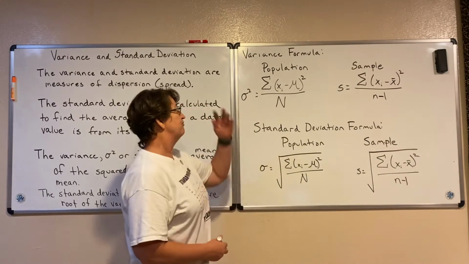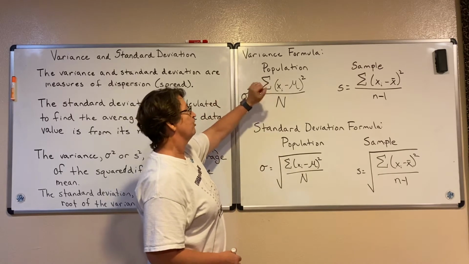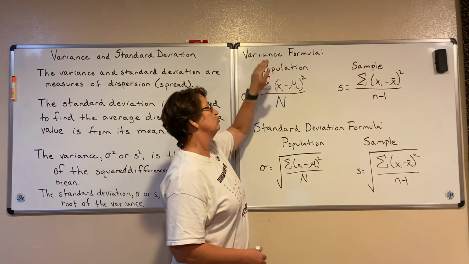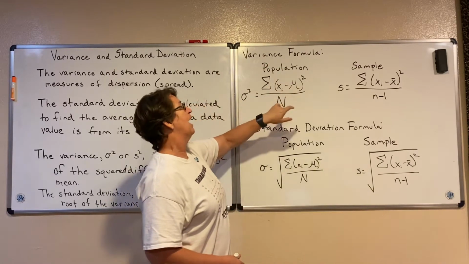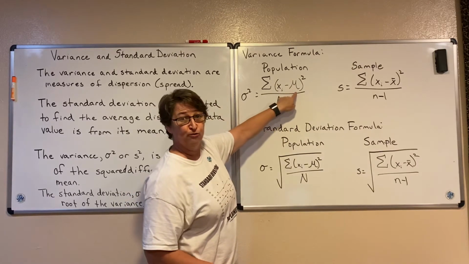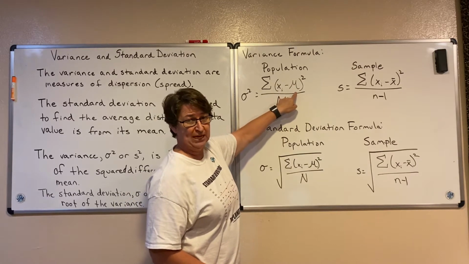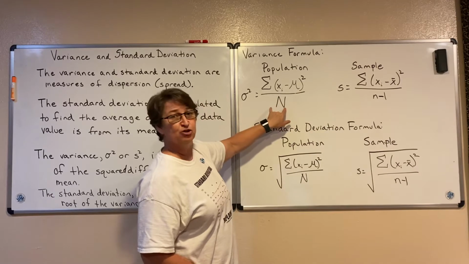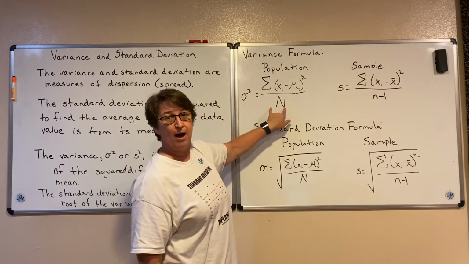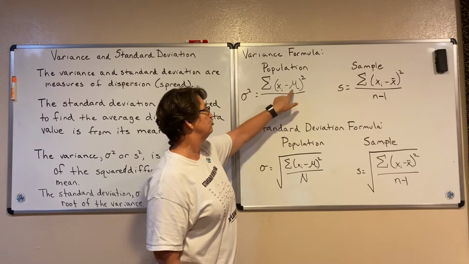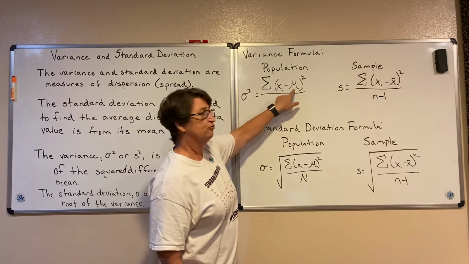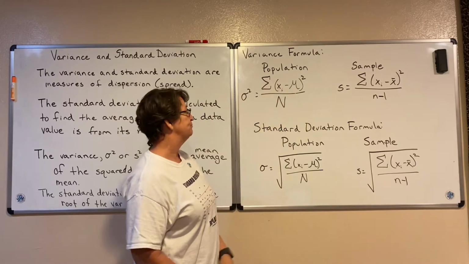All right, so the variance formula here, when I have a population, I'm going to use mu, first of all, for that population mean, and I'm going to use a capital N for my population size. Remember those two symbols from when we talk about population.